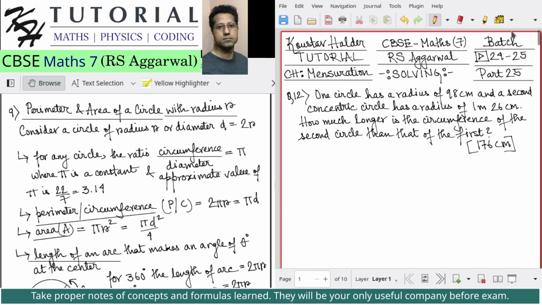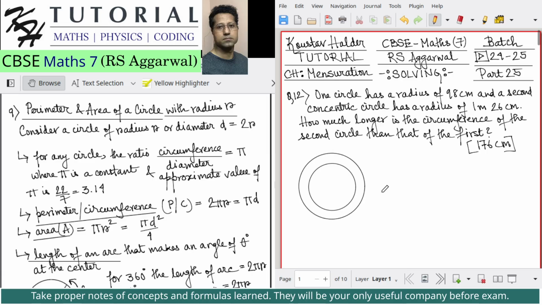Now, what are concentric circles? So let's say it is given that one circle has a radius of 98 centimeter and a second concentric circle has a radius of 1 meter 26 centimeter. So what are concentric circles? Let's say this is a circle. Now, if I draw a circle inside this circle or outside this circle with a gap in between, this is a concentric circle.